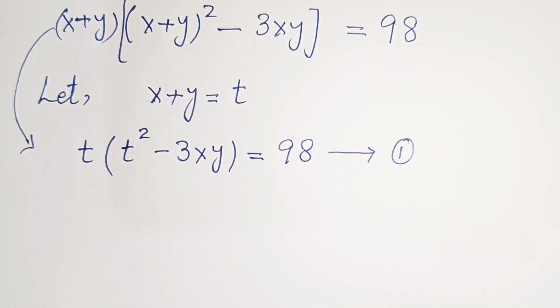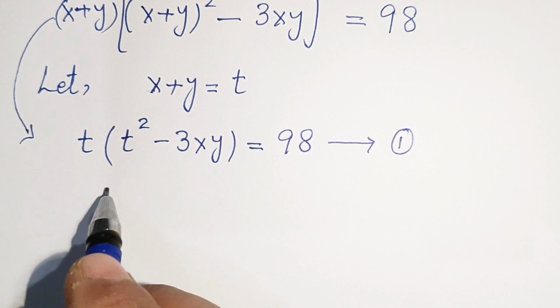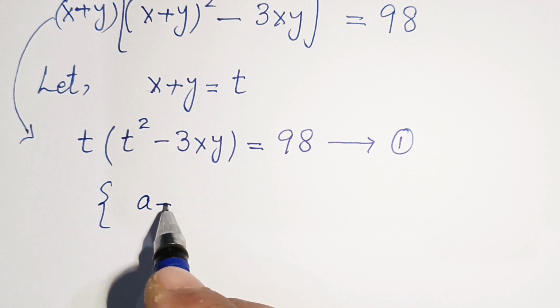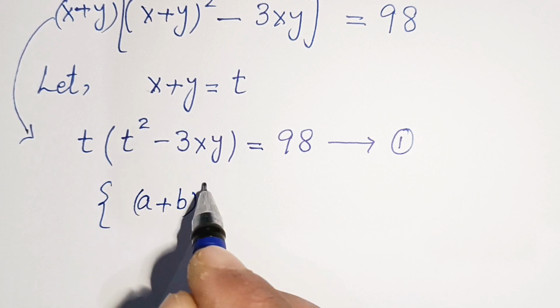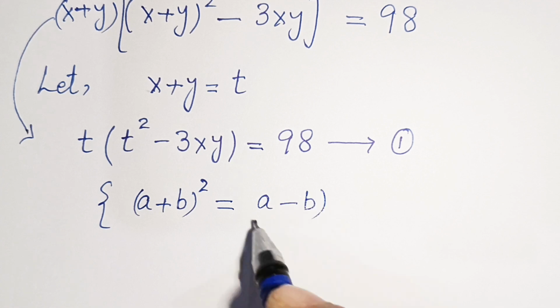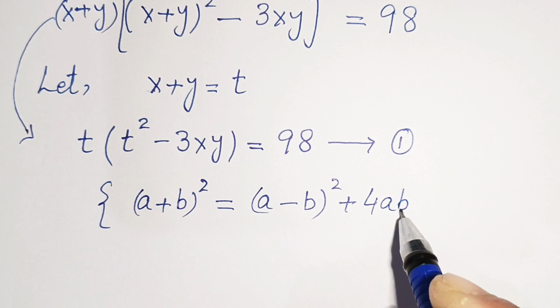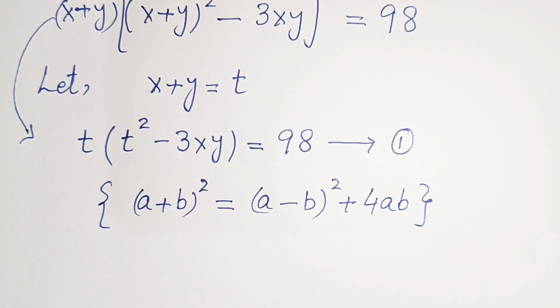Now using an algebraic identity, as we know that a plus b whole squared is equal to a minus b whole squared plus 4 times a times b. So according to this identity, let's say this is a plus b, so here a is x and b is y.